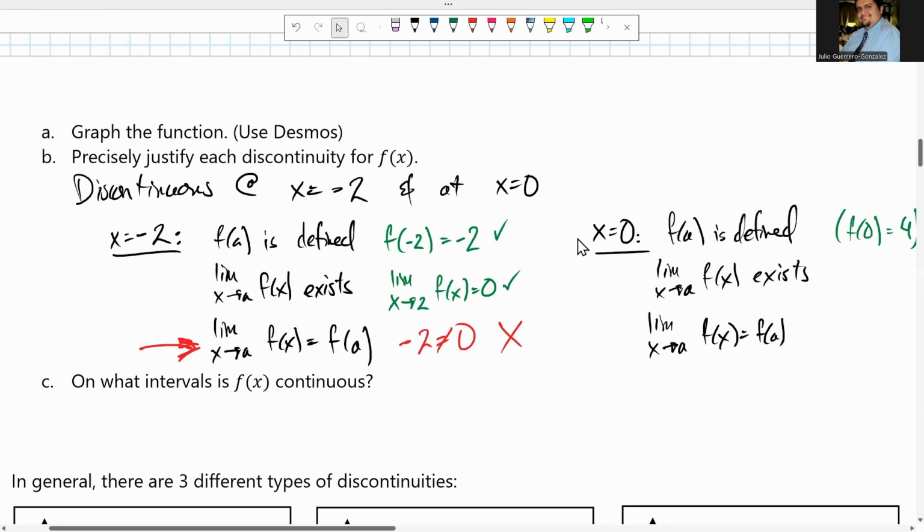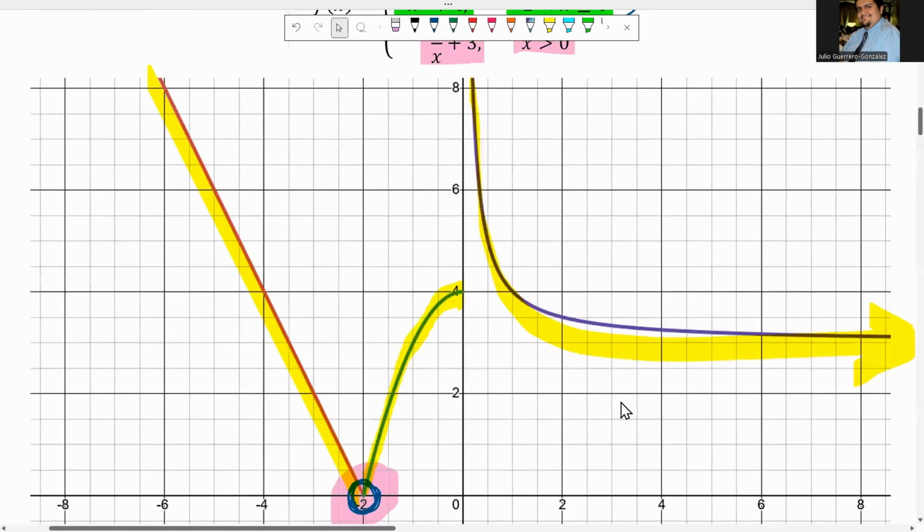Okay. Next one down. The limit as x approaches a of f of x must exist. If you take a look at it, you guys see what's going on now, right? So if we approach 0 from the left and from the right, notice what happens. This one shoots upward, but this one shoots to -4. Or sorry, +4.